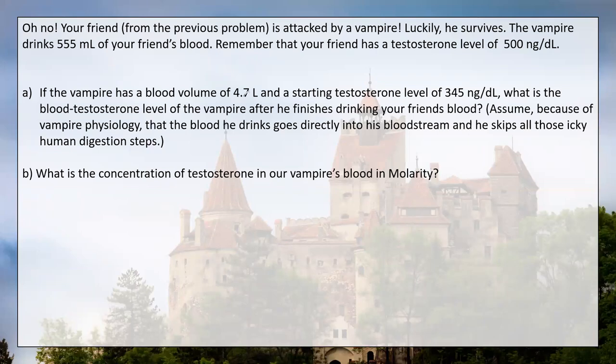If the vampire started with 4.7 liters of blood and a starting concentration of 345 nanograms per deciliter, what is the blood testosterone level? And this is actually going to be in nanograms per deciliter. I should have said that, nanograms per deciliter of the vampire after he finishes drinking your friend's blood.